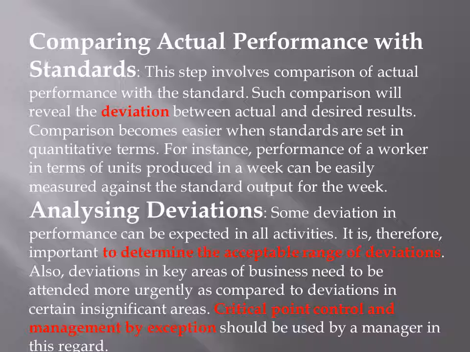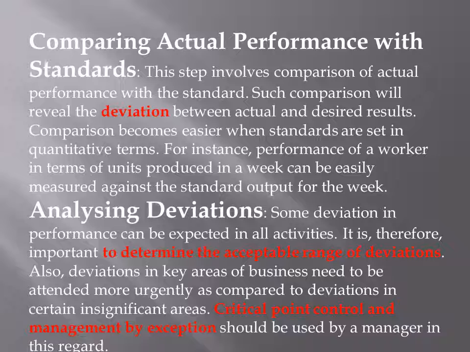ऐसा तो नहीं कि मैंने कहीं क्वालिटी में कॉम्प्रोमाइज कर दिया हो. So one has to analyze the reasons for these deviations, and definitely there should be some acceptable range of deviation. ऐसा नहीं कि हर टाइम 50 यूनिट्स को प्रोड्यूस करने का टारगेट रखा गया और 50 यूनिट्स ही प्रोड्यूस होंगे. ऐसा भी हो सकता है कि सम टाइम 48 और 49 यूनिट्स या सम टाइम 51 to 52 यूनिट्स प्रोड्यूस हो.